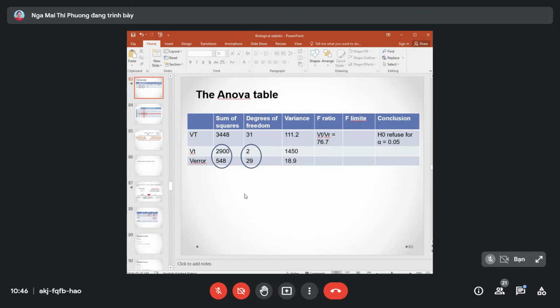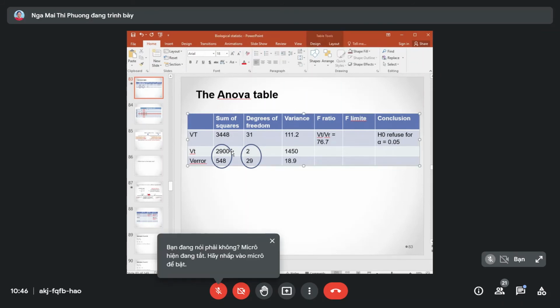The variance of total is equal to the variance of treatment plus the variance of error. Okay, degree of freedom the same. So you could calculate the sum of square of variance of total, sum of square of variance of error.